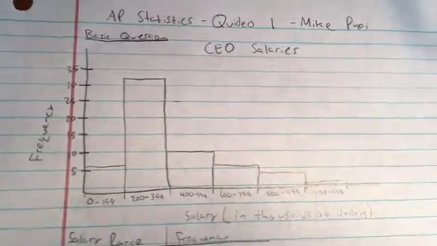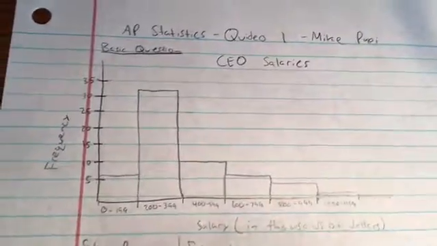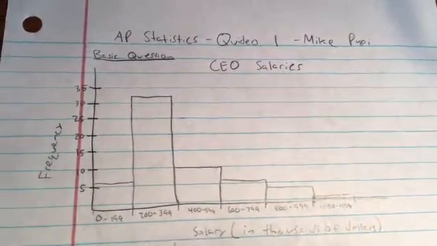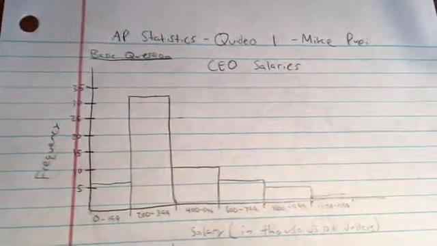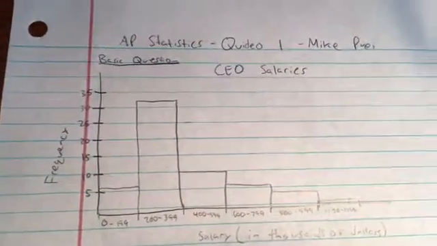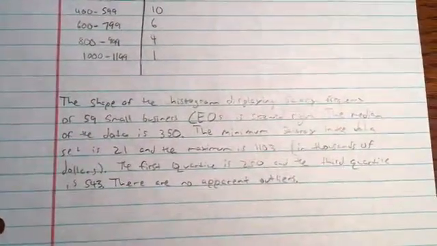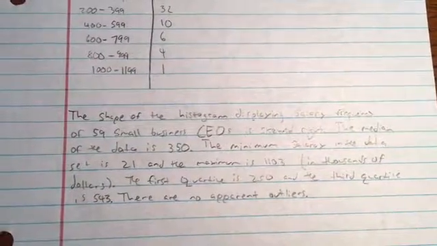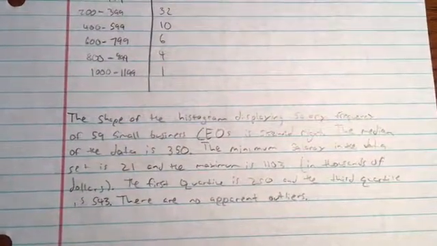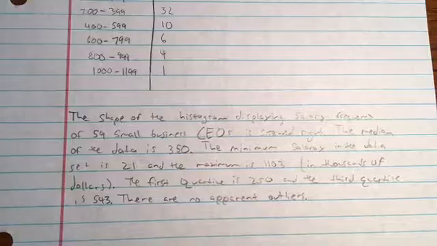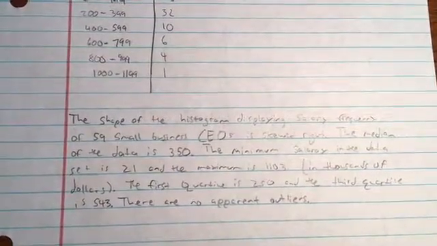The next part of the problem, as I said earlier, was to write a paragraph describing the SOCs of the data. I pretty much did exactly that right here. I said the shape of the histogram displaying salary frequency of 59 small business CEOs is skewed right. That is describing the shape.